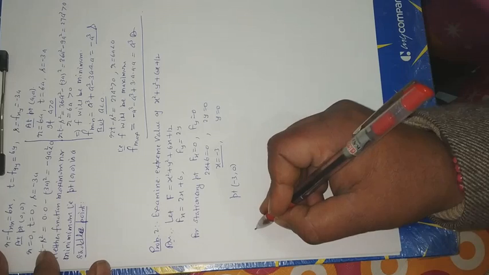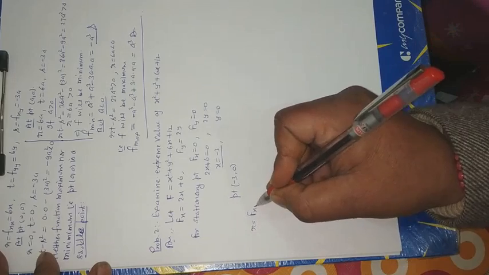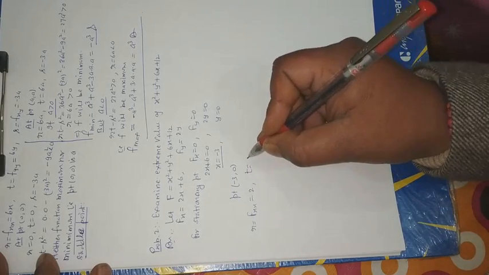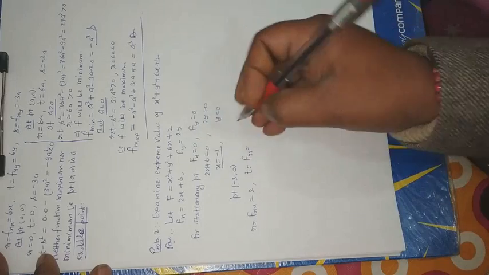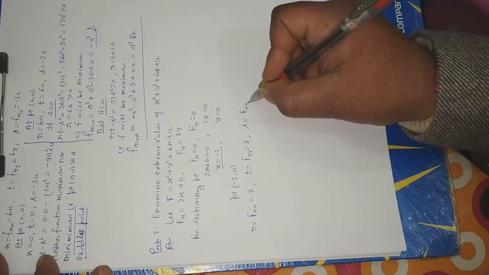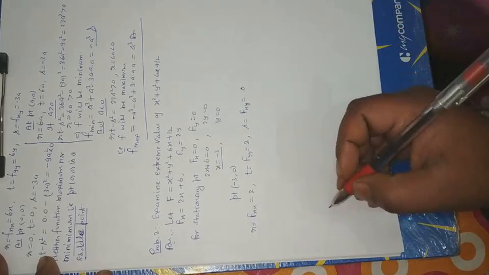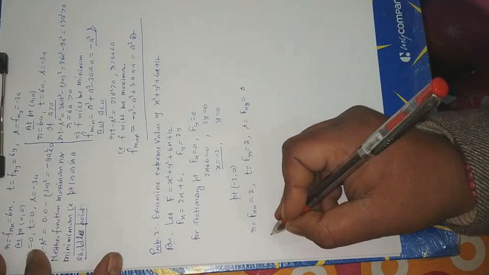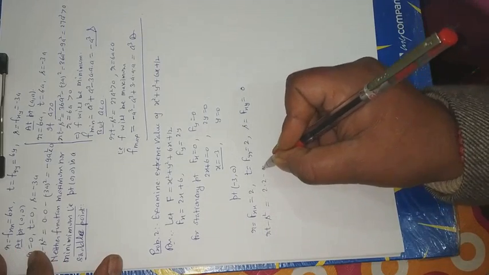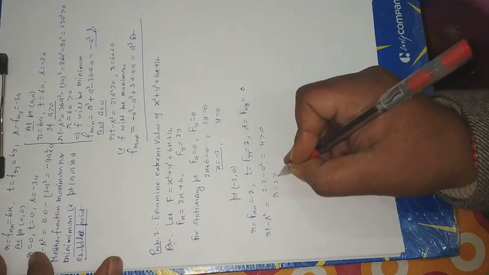Now differentiate again with respect to x, that is r, fxx, this will be 2. Similarly t, fyy, this is equal to 2. Now s, fxy, this is equal to 0. Okay, student. Now rt minus s square is equal to 2 into 2 minus 0 square, this is equal to 4, always greater than 0, and r is equal to 2, always greater than 0.